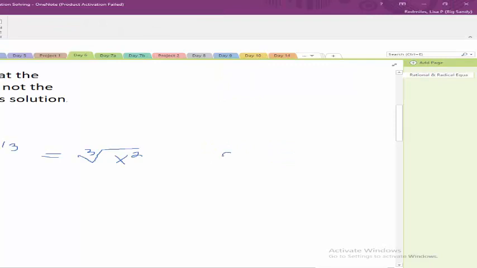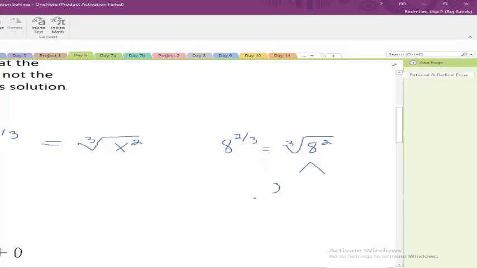So for instance, if I had 8 to the 2/3 power, I would have the cubed root of 8 squared. And then to finish with that, that would be the cubed root of 8 times 8, which would mean for every 3 of a number I can cancel.